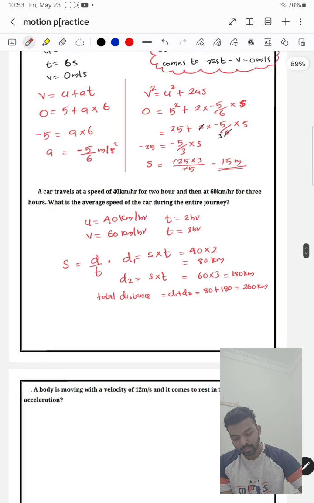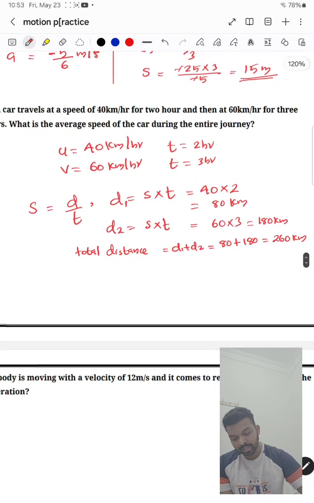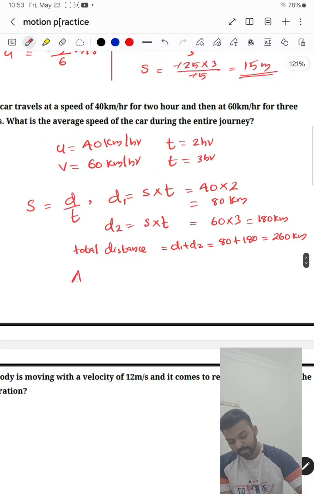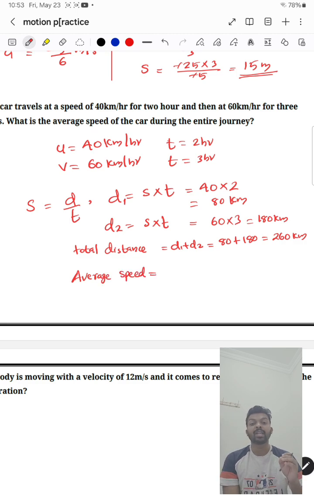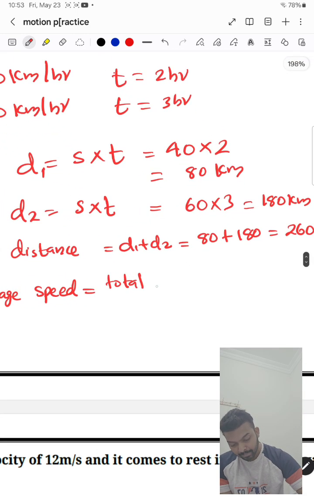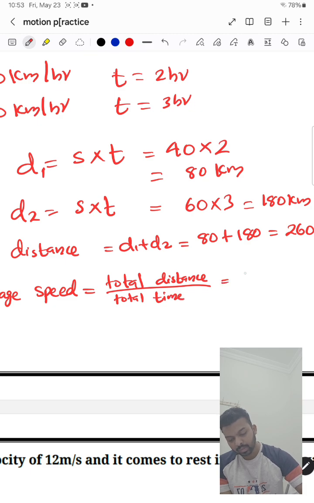Now moving on, we have to find the average speed. It is very important that you write the equation again, even if you know. Total distance traveled divided by total time, which is equal to 260 divided by the total time.